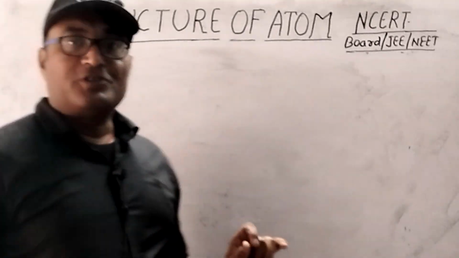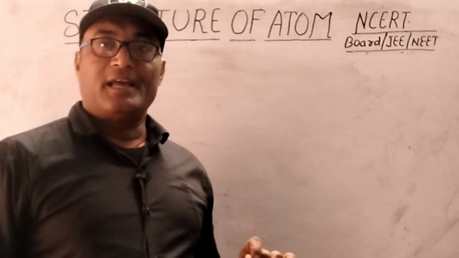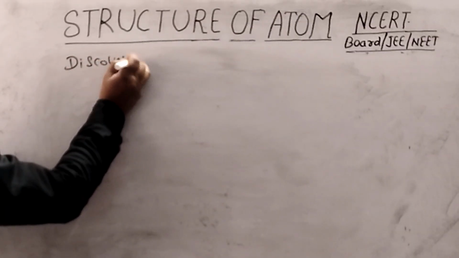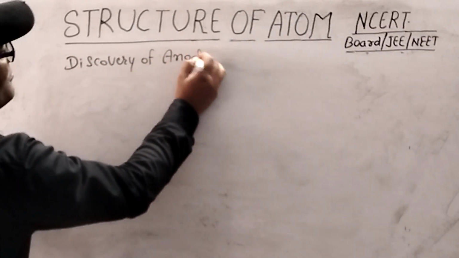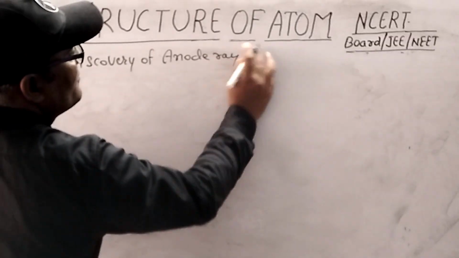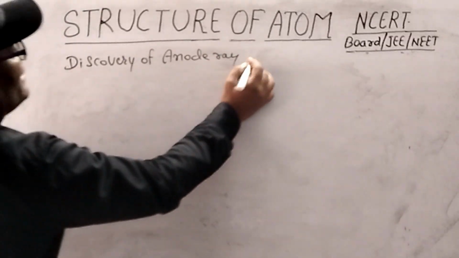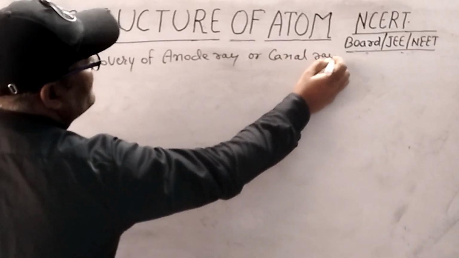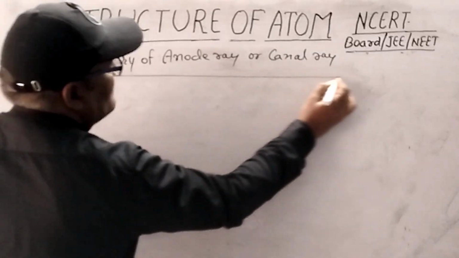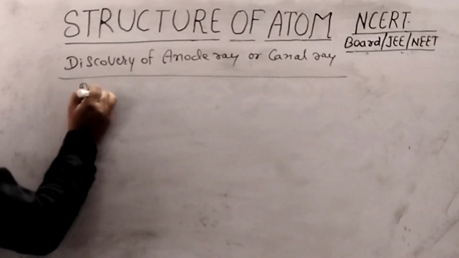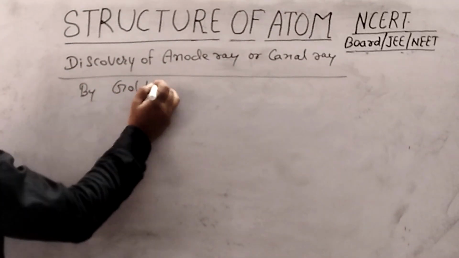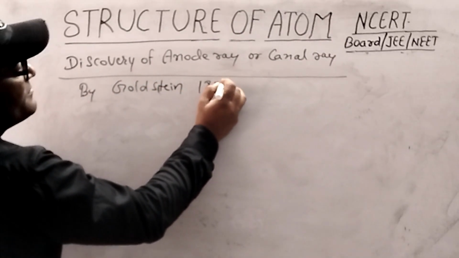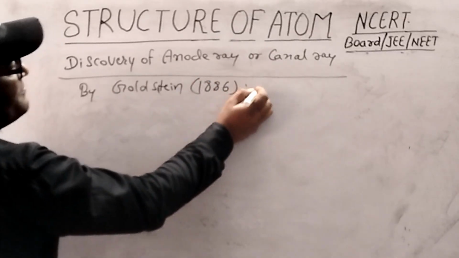So the next topic is the discovery of anode ray or canal ray, by Goldstein, 1886.